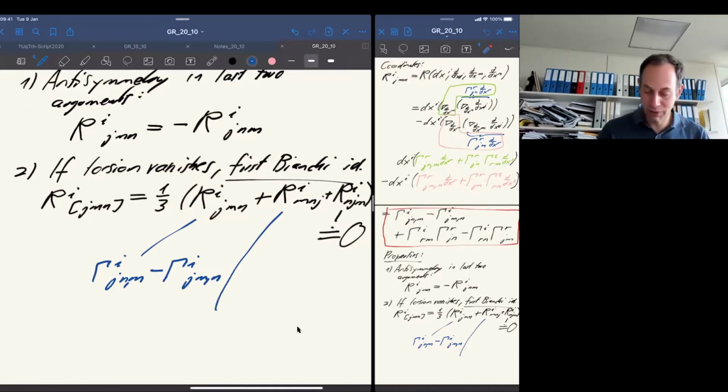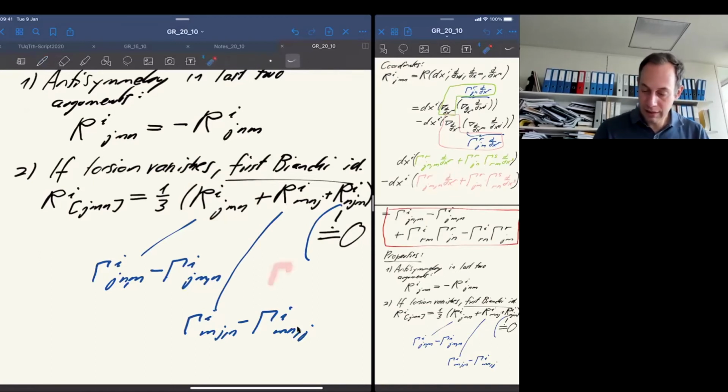So there are, of course, also the other ones, but for the other ones, I can proceed in a similar way. If I, for example, take the gamma symbols of that term, then I just have the cyclically permuted ones. So I take only the derivative, the gamma symbols for which I apply the derivative, and I don't write the other ones. And then for the third term, I have something like Gamma^I_{NM,J} minus Gamma^I_{NJ,M}.